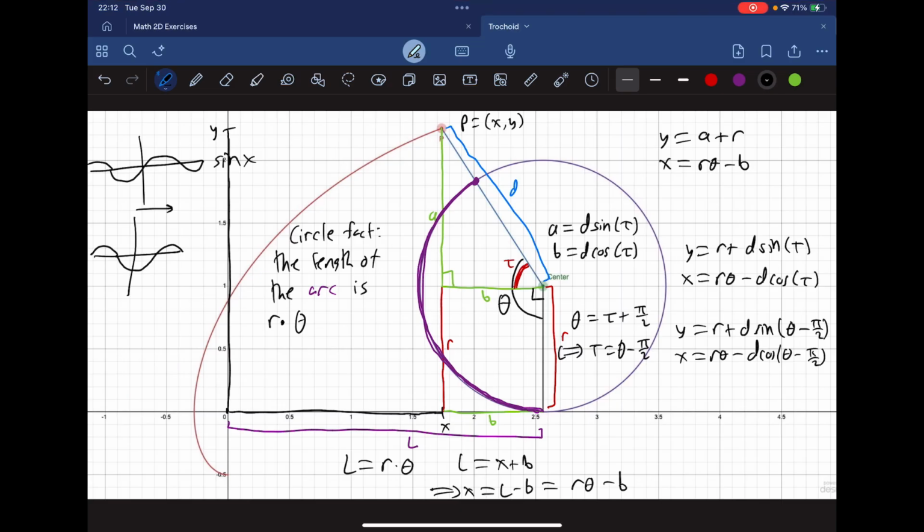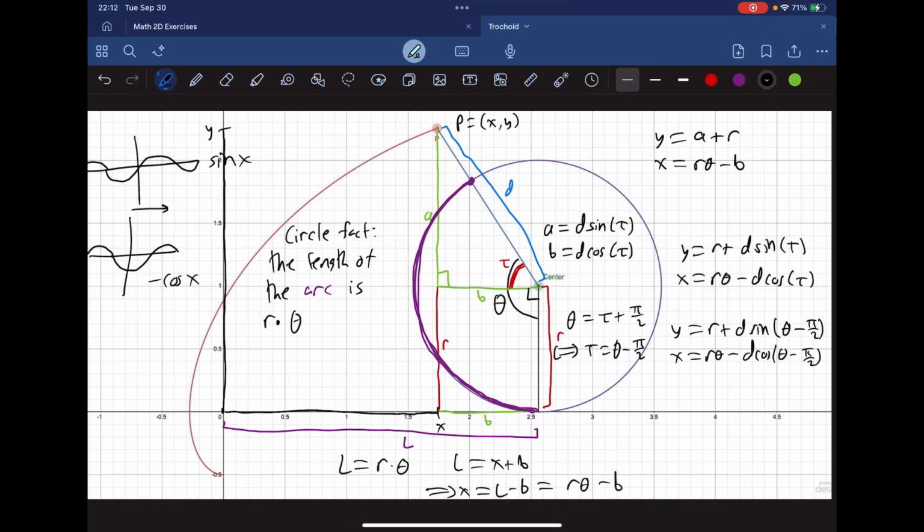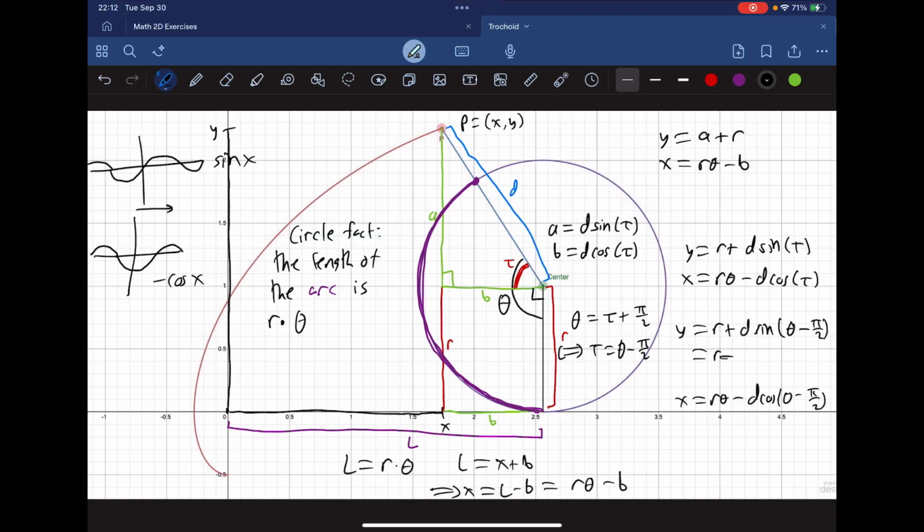What we're going to get looks like a cosine graph, but it's flipped over because normally the cosine has a value of 1 at 0, but here it has a value of -1. So this graph is exactly negative cosine x. And so what this means is that y can be expressed as r plus d times negative cosine of theta, so r minus d cosine of theta.